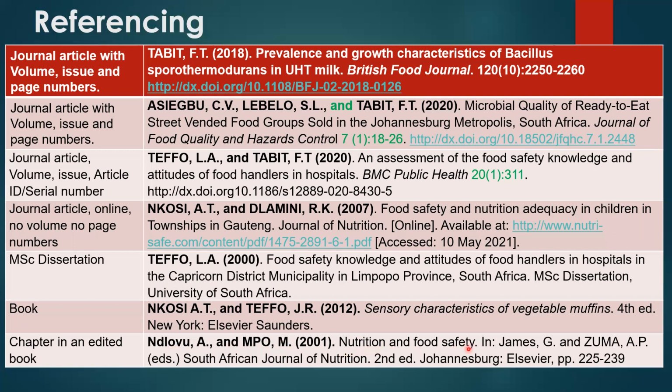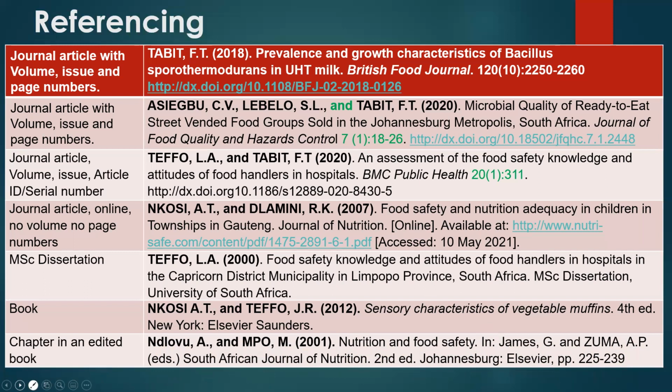And then you have the title of the chapter. Then you say in the book edited by James and Zuma. They put in brackets EDS, which stands for editors, then the name of the book, then the edition, then the place of publish, the publisher, page numbers, sometimes the year of publish, like I said. So there are many small variations.